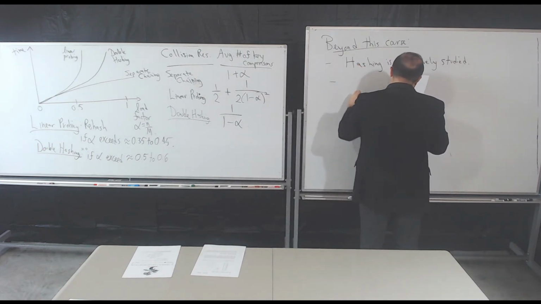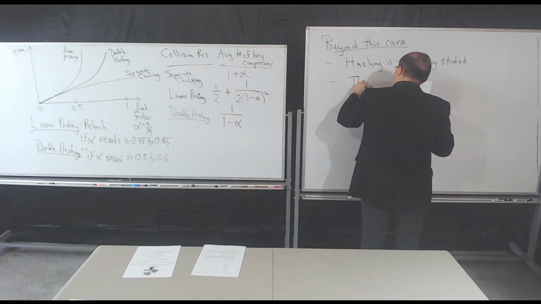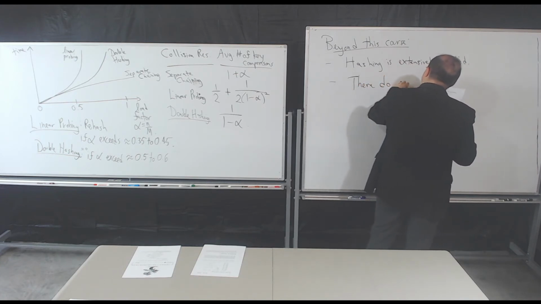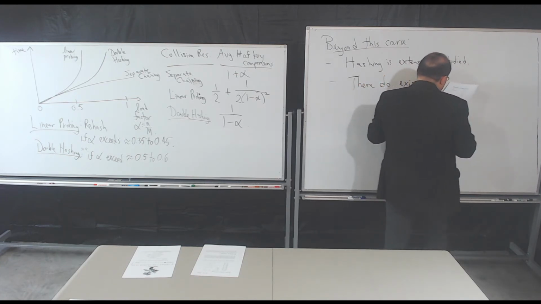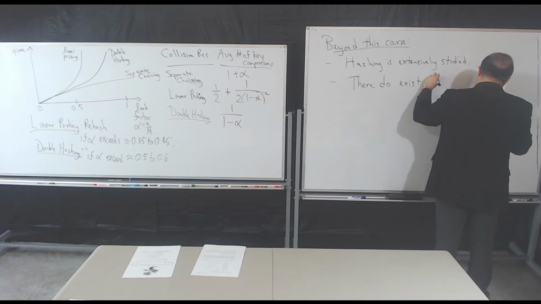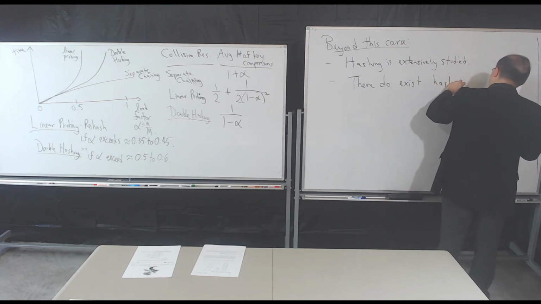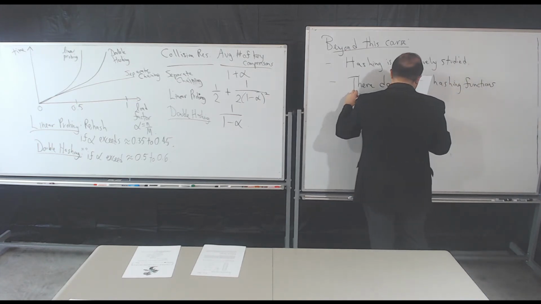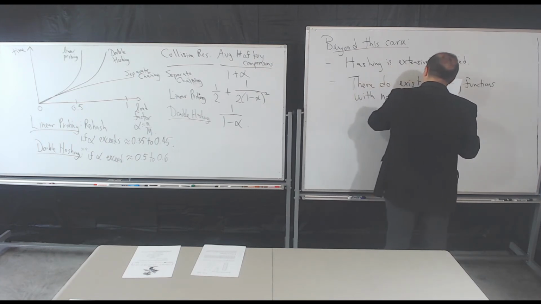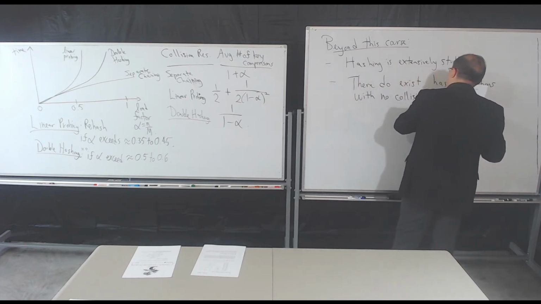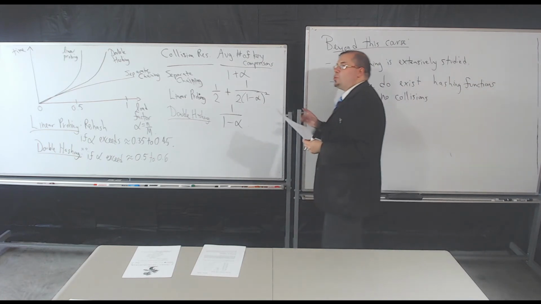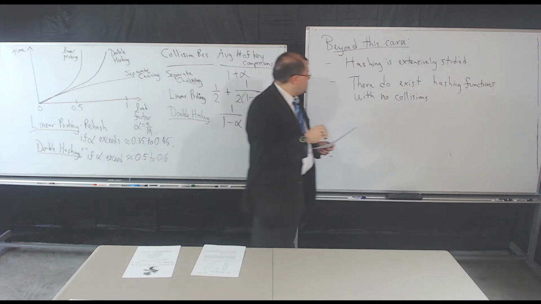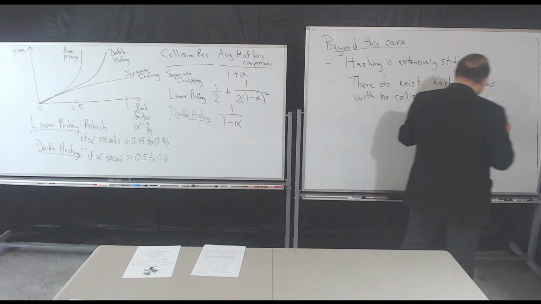Next, there do exist hashing functions with no collisions. They can guarantee you no collisions, which is quite weird to think about.